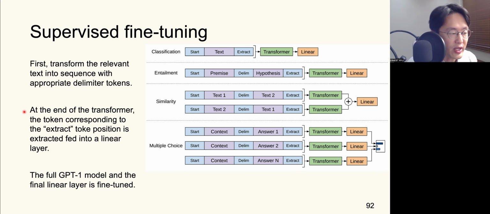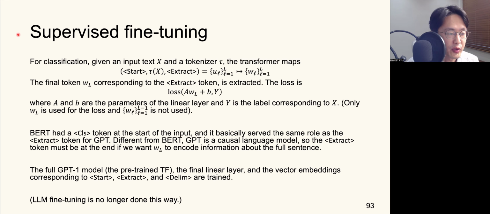And at the end of the transformer, you have this token named extract. The token corresponding to this extract token position is extracted and fed to a linear layer. And then the full GPT-1 model and the final layer is fine-tuned. Let me be a little bit more specific as to how this is done. So for classification as an example, we have an input text X, and let's say we have a tokenizer tau.